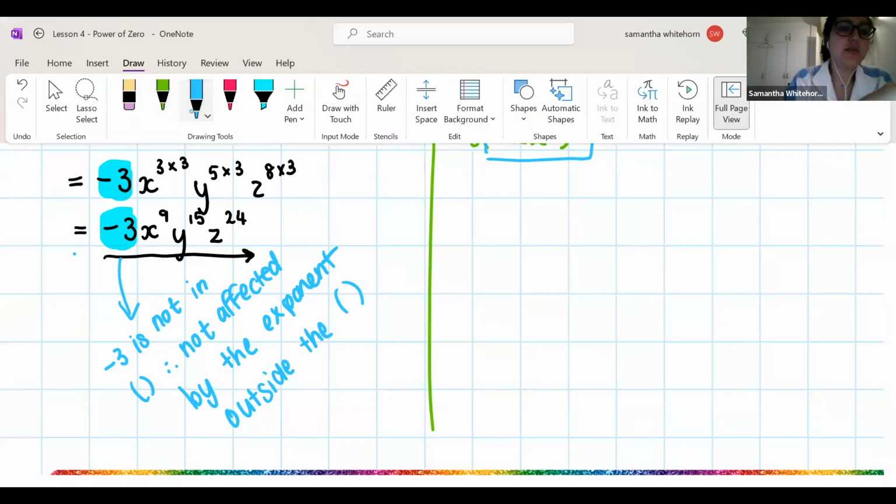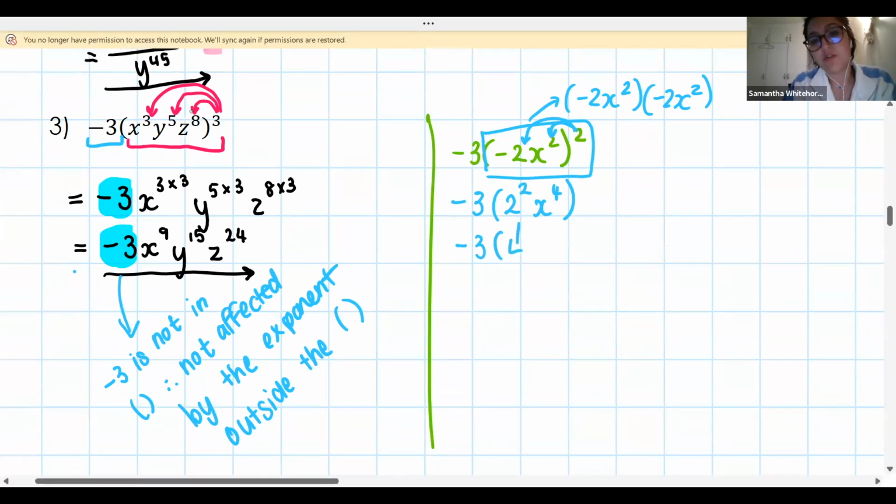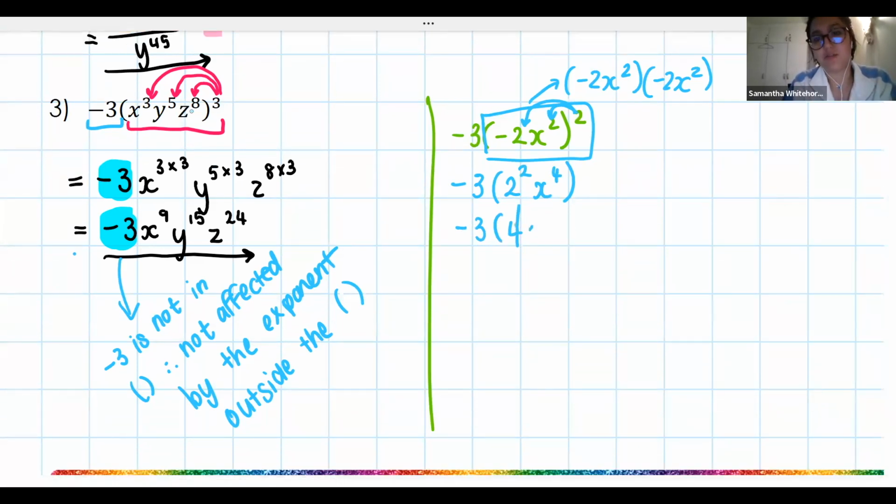So actually what I have here is -3 times positive 2 squared, because remember, I'm distributing that exponent to the x. So I'll have x to the power 4. So now I've got -3 times 2 squared, which is 4, x to the power 4.